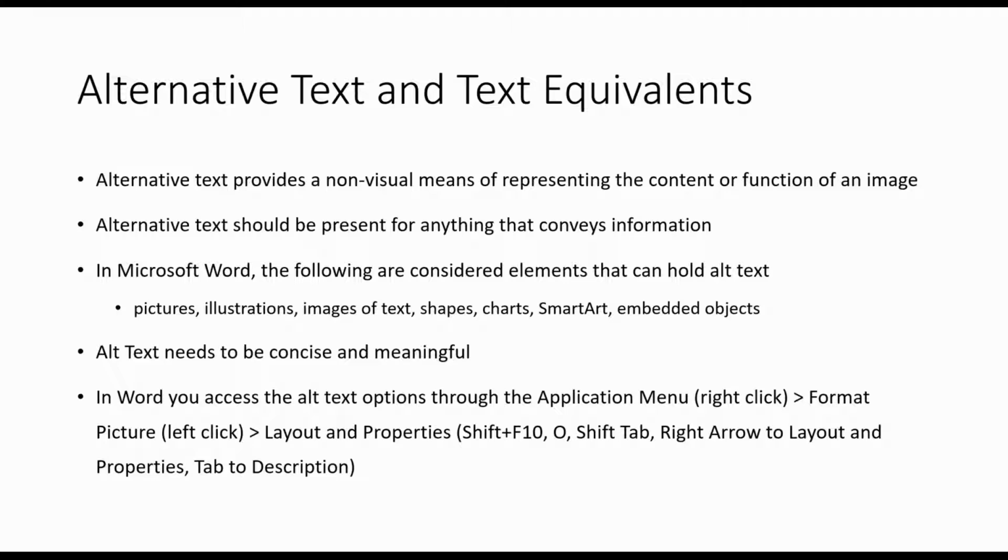Next topic will be really talking about alternative text and text equivalents. Alt text is text that helps people that are non-visual or low vision to understand a piece of content or an image.